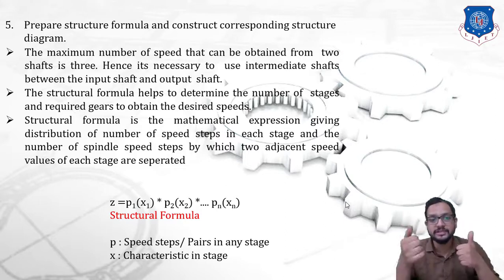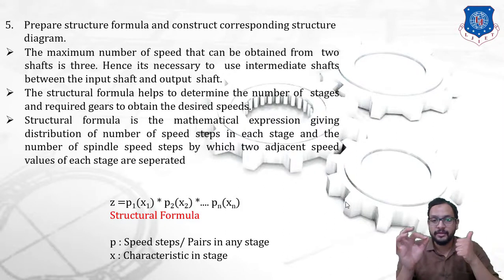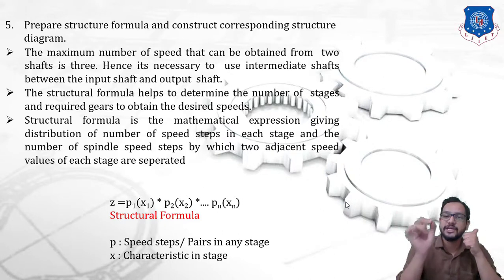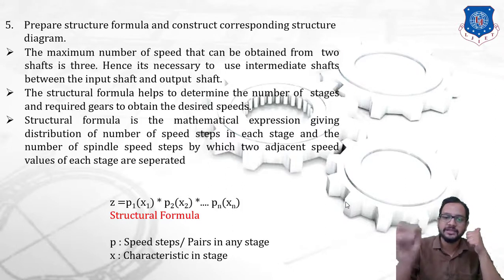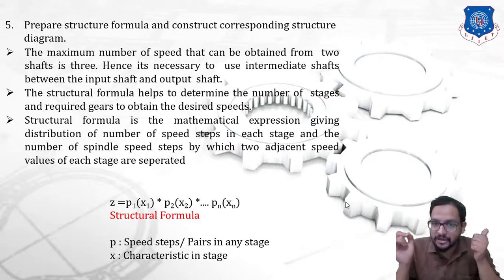Remember, first it is giving a distribution of the number of speed steps in each stage, that is indicating P1 is the number of speed steps available in stage 1, P2 is the number of speed steps available in stage 2, P3 is the number of speed steps available in stage 3. Now along with that it also indicates something else. So there are x1, x2, x3. You can see on your screen I have written a structural formula.